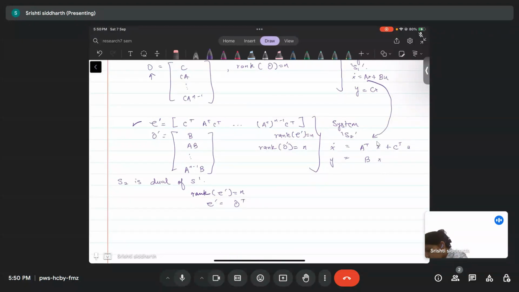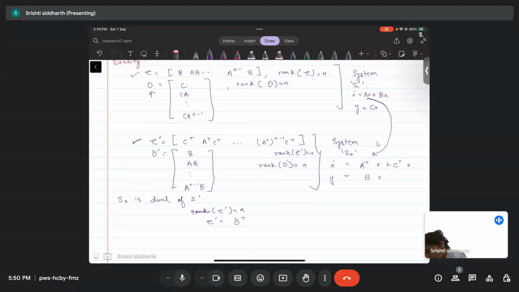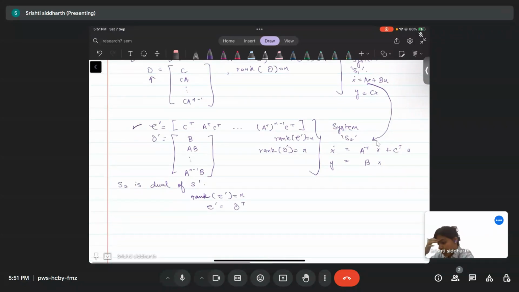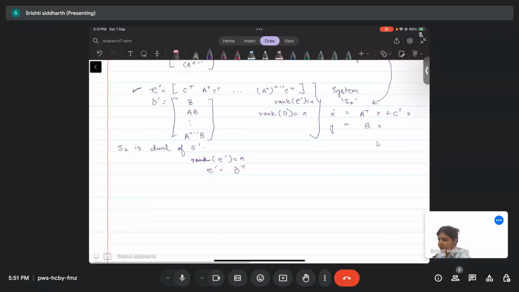So if you have to talk about observability of the system S1, we talk about controllability of the dual system, which is S2. Okay. So let's look at some examples of detectability.